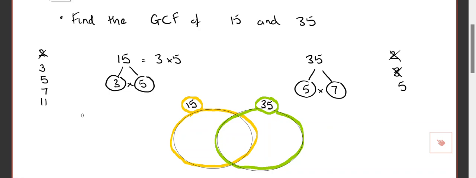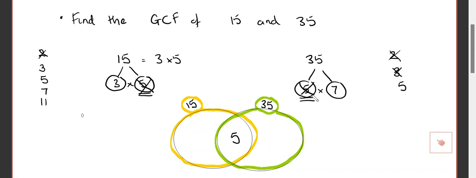This is where people were getting confused. There's a 5 in both of those diagrams, so I put one 5 in the middle because 5 is in both groups. I don't need to put two 5s. By overlapping my circles, I've said 5 is in both groups. Make sense? So I can cross out my 5s now.